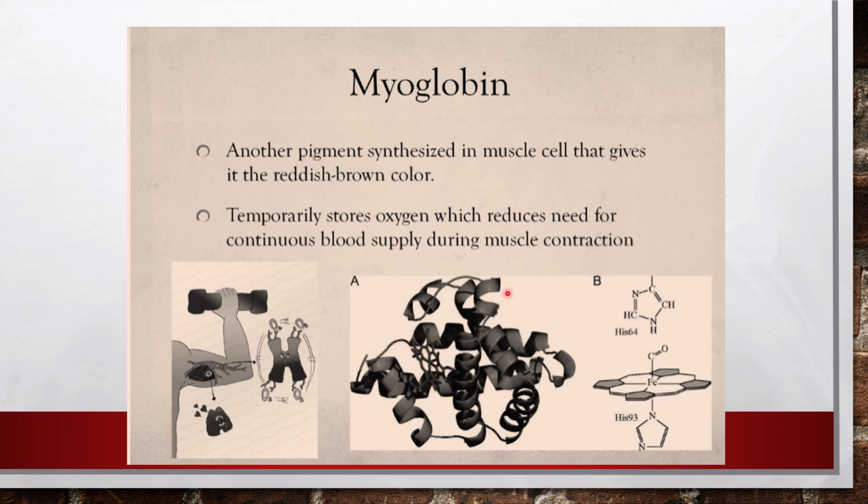So this is the simple structure of myoglobin. It can carry only one oxygen molecule. While for hemoglobin, there are four polypeptide chains and four porphyrin rings in the form of heme, and with each heme there is a loading of one oxygen molecule.